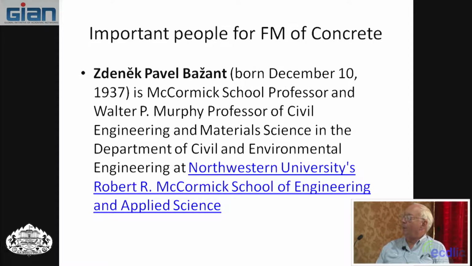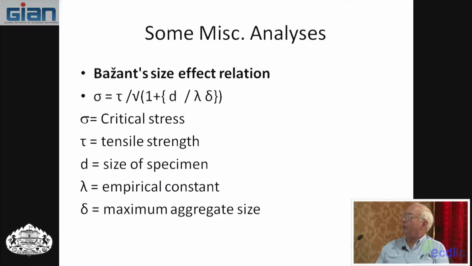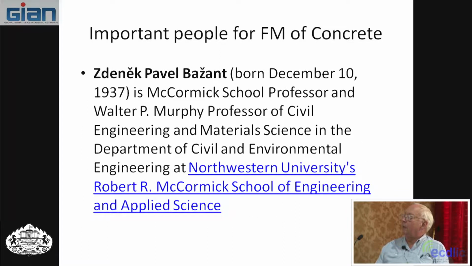Here are some of the people then. That guy who developed his size relation is this fella. I thought it'd be interesting if you want to know some of the people involved. These people are mostly old people, and I thought I was old people, but these people are older than me.